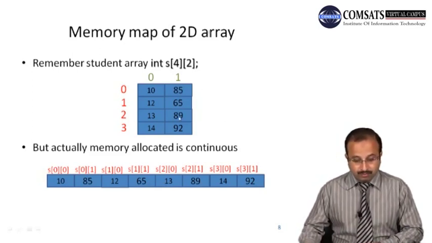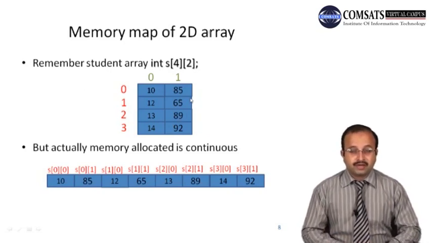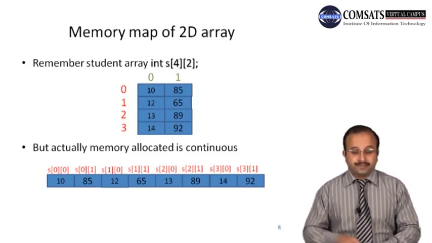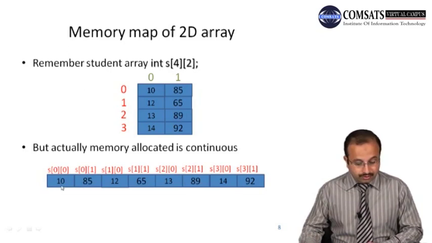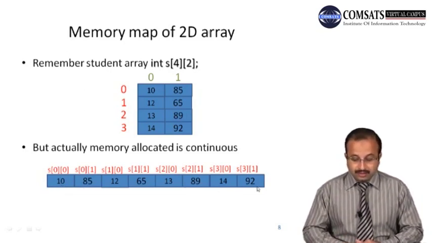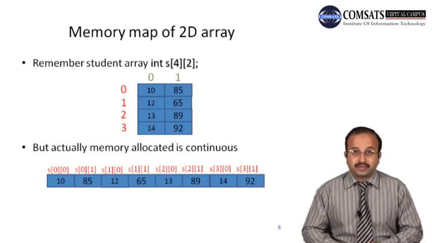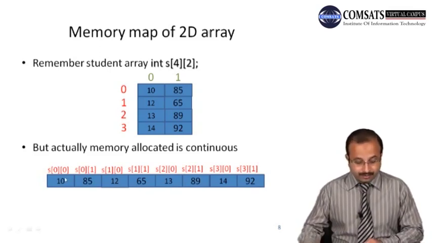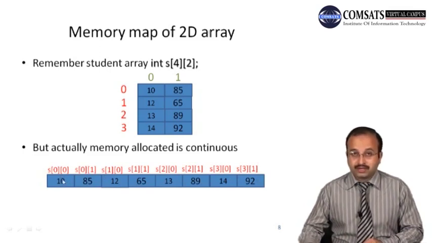So table form में हम इसको अपनी आसानी के लिए लिख रहे हैं to understand that it is a 2-dimensional array. So if I show you this before, then it is very difficult for you to understand that this is a 2-dimensional array. This is a 1-dimensional array, right? ये एक dimensional array लग रही है, but actually it is a 2-dimensional array, memory map of 2-dimensional array, 2D array. So why do we write this in the table form?